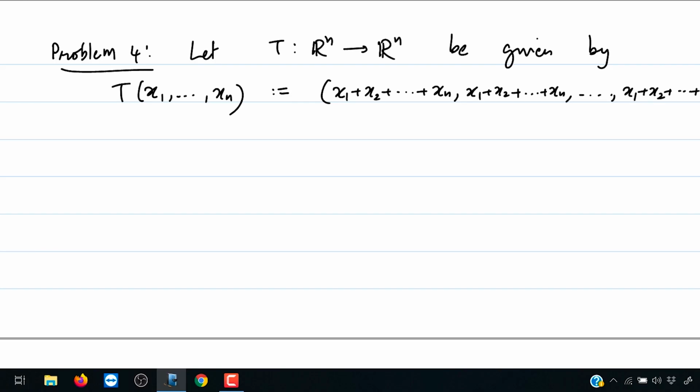So we have a T which maps to every coordinate the same value, which is basically the sum of the xi's.